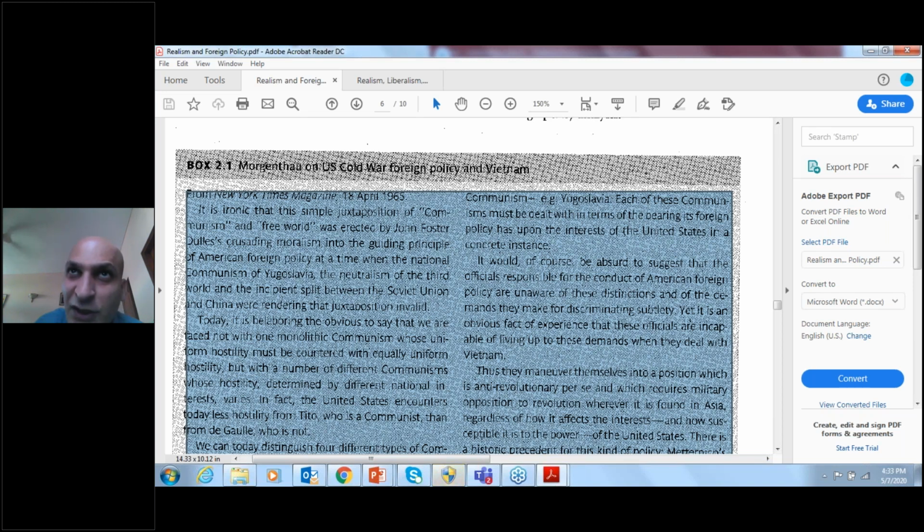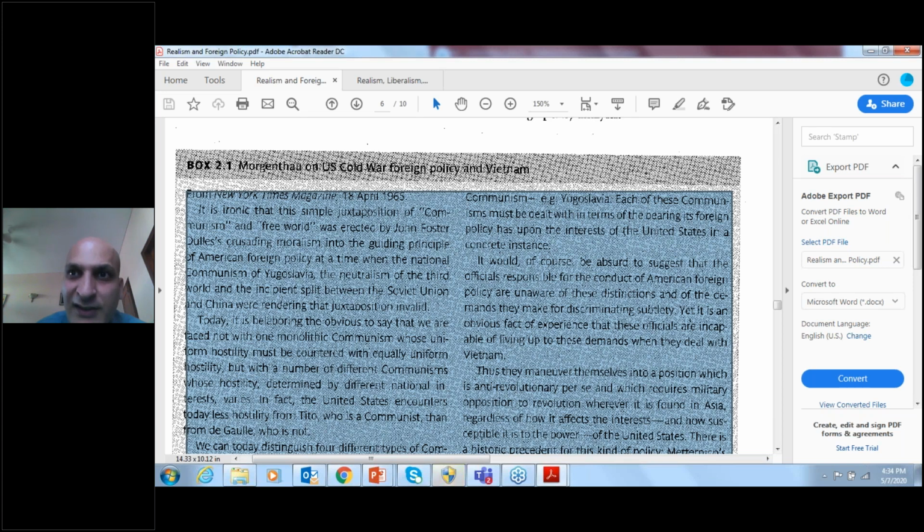This theory was called the Theory of Dominoes, which believed that if one country in Southeast Asia turns communist, then the others will also turn communist one by one. They will fall like dominoes. So they tried to oppose communism earlier in Malaysia, then in Indonesia, then finally in Vietnam and Cambodia.